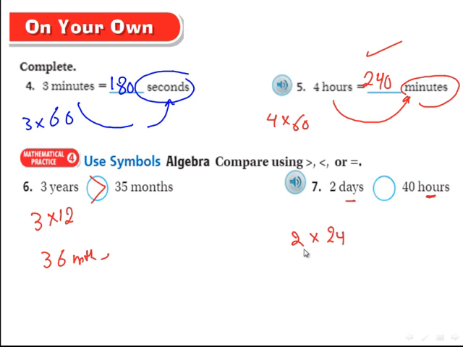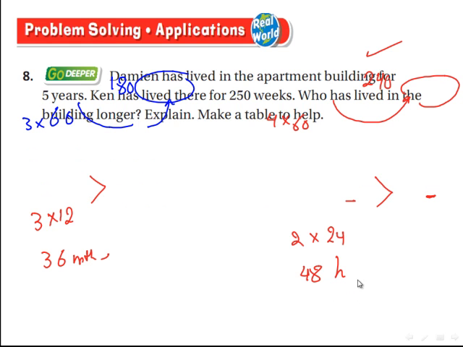So I'm going to multiply 2 by 24 equals 48. Great job. 48 hours in 2 days. So 48 hours is greater than 40 hours. If you understood that, I'm going to be very happy.